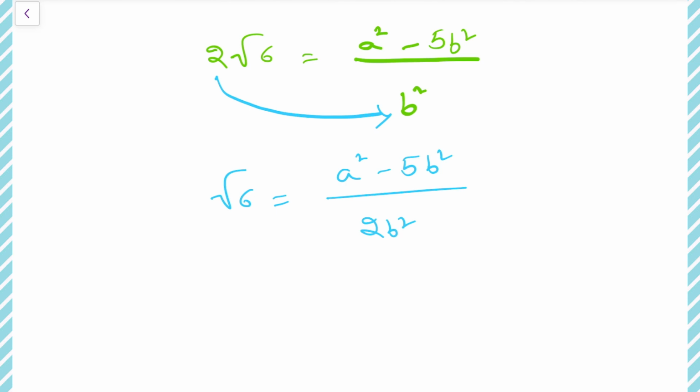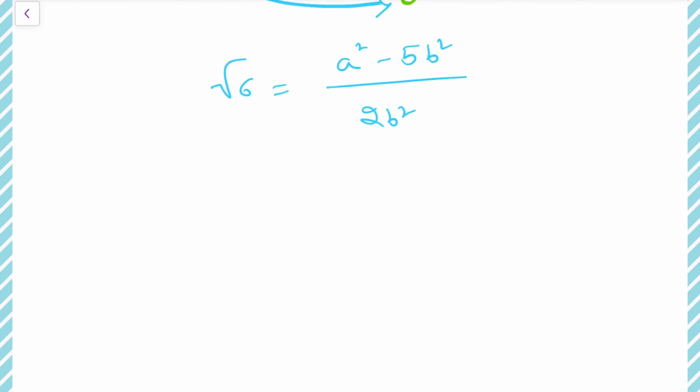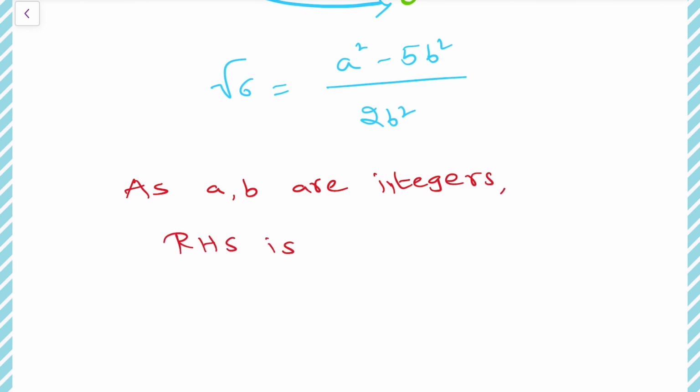So from here onwards, we know very well how to write the sentence. That is, as a, b are integers, RHS is rational, but LHS is irrational.